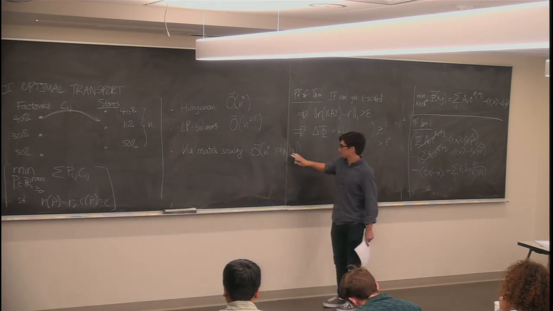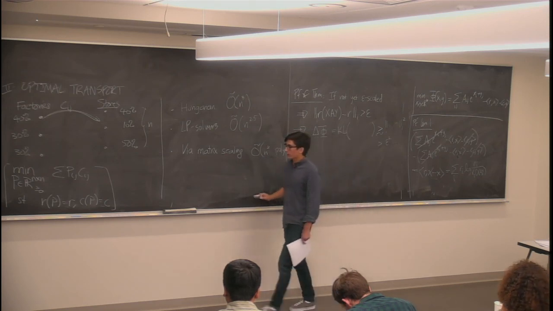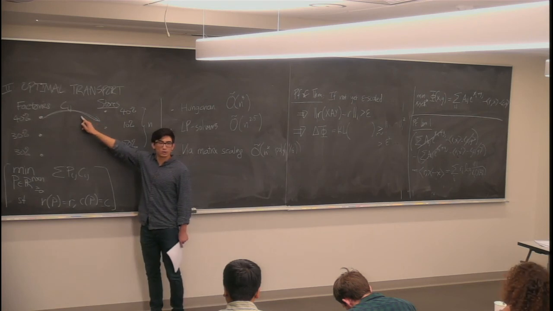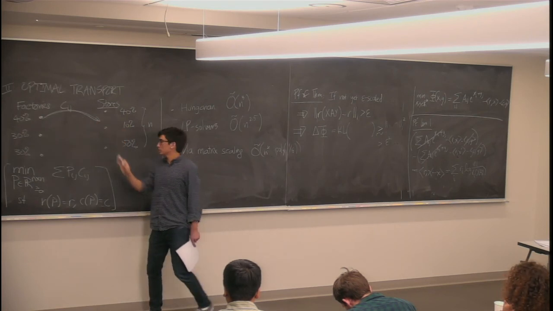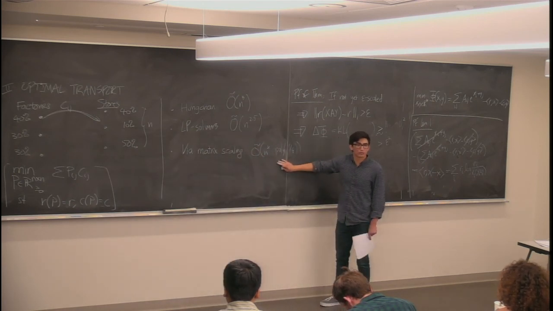Getting that kind of approximate solution takes roughly n squared time. And again, this is nearly optimal in the sense that to even read the input, you have to read all the costs: n squared costs between n and n points. So the time it takes to run this algorithm is roughly the amount of time it takes to read the input.